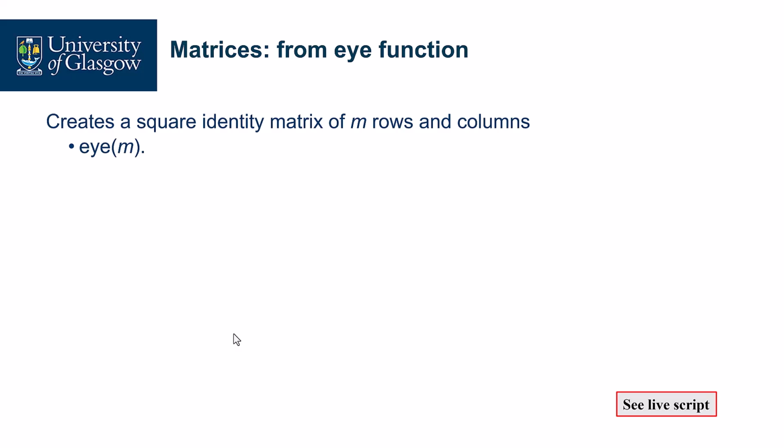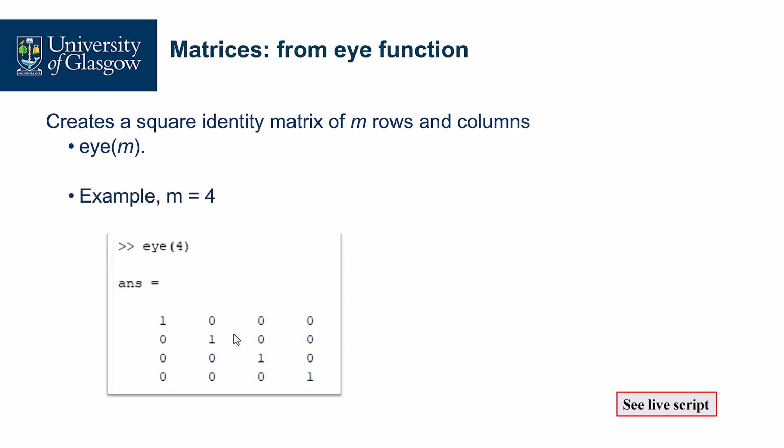That's why we only have eye(m), not eye(m, n). So we can see eye(4). This generates a 4 by 4 matrix, and the main diagonal is 1. More details, you can see in the live script.